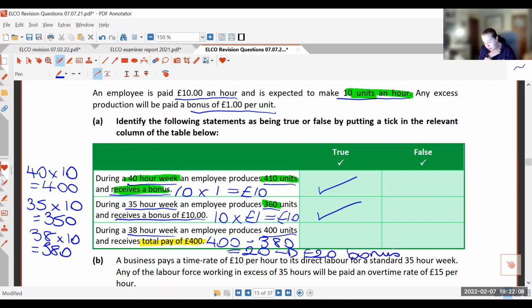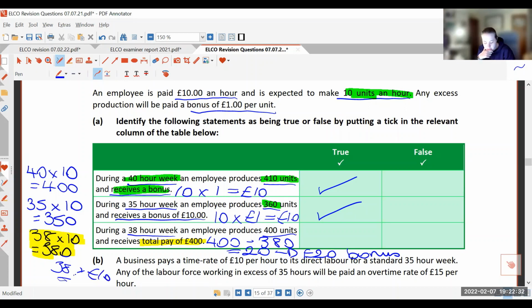Right, we've now got to think about what their total pay is going to be. So again, a bit similar to what we've done here, actually. Rather than it being 10 units an hour, it's going to be 38 times £10.